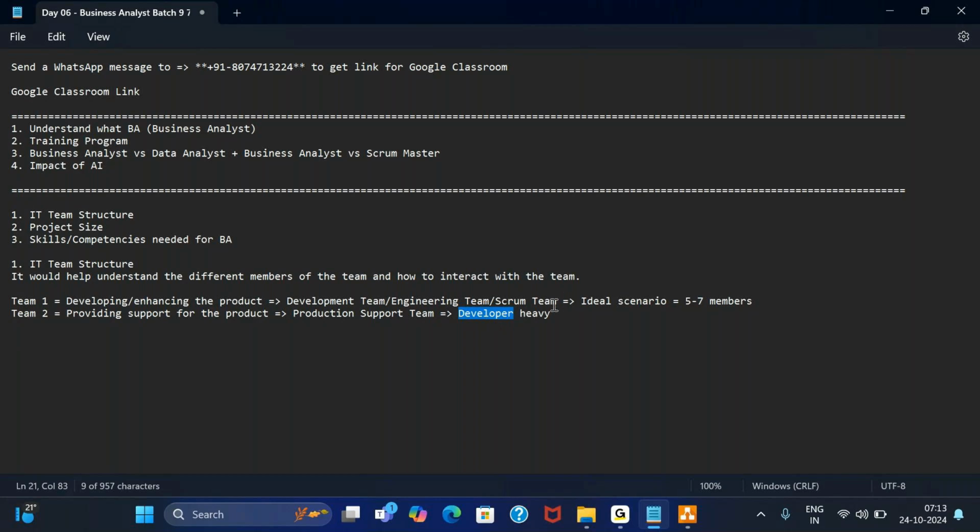Here the development team or scrum team will comprise of BA, developer and QA. Here it will be BA and more number of developers. Why not QA? Because there is no testing needed.